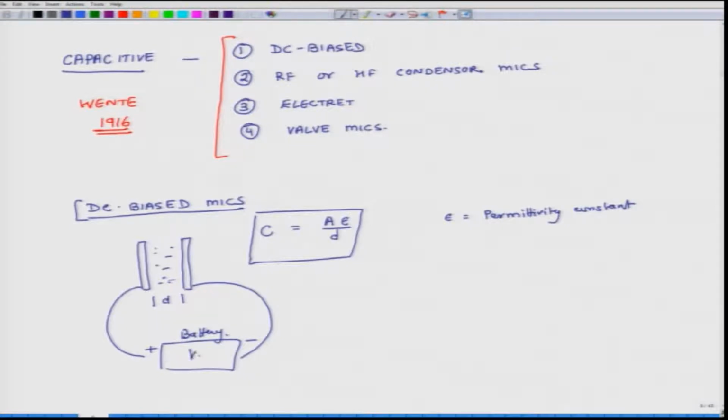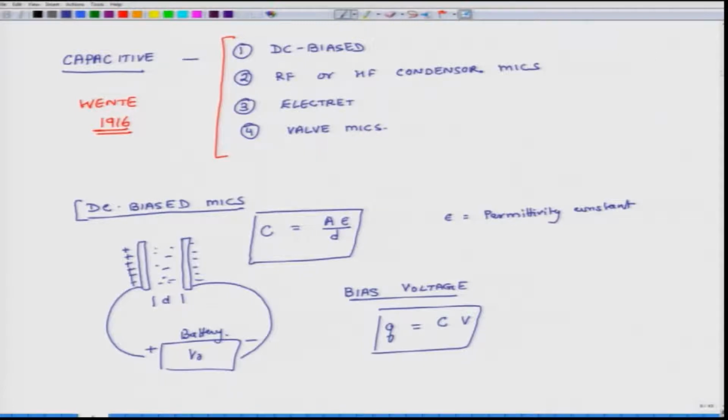This voltage, let us call this V naught, is called bias voltage. Because of this bias voltage, now there is this capacitance, and for a capacitor you have charge equals capacitance times voltage, right. So, some charge accumulates on the two electrodes or on the two plates.